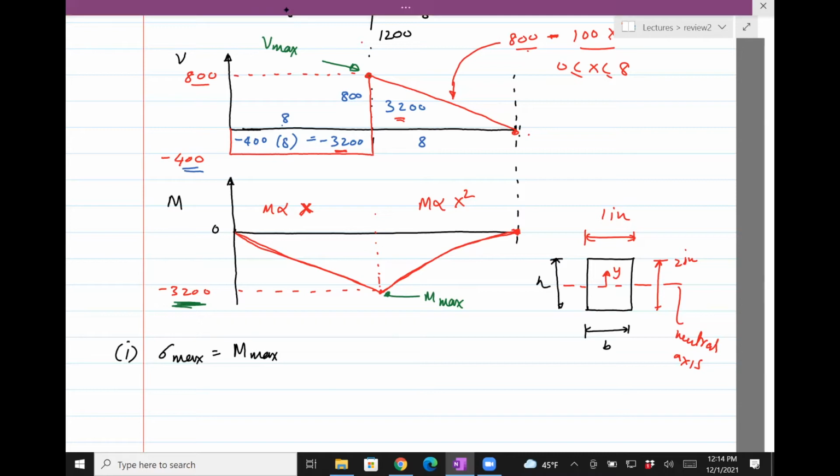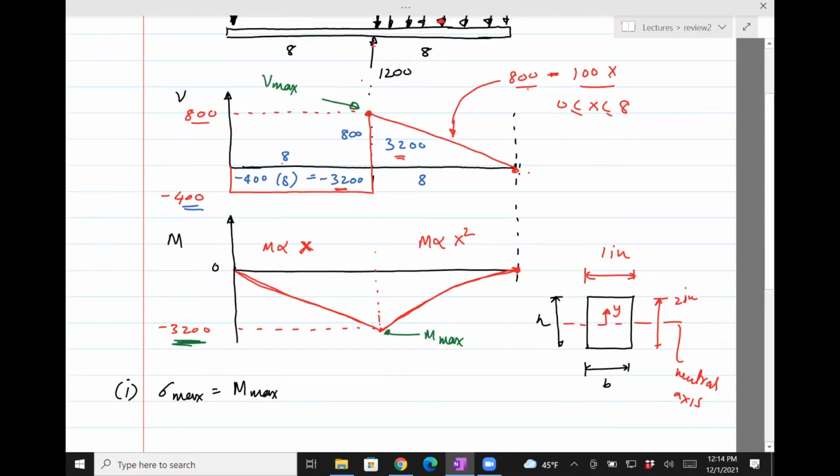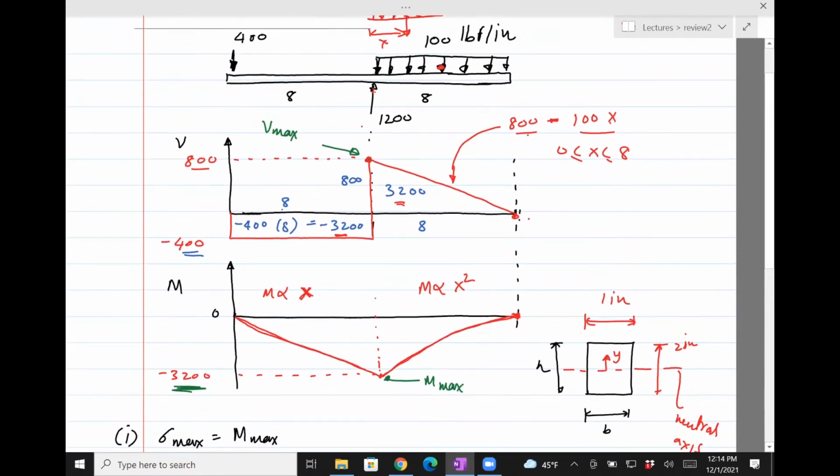So the max is going to be, yeah, so it says that's negative, which means that the negative here means that the moment is going to be in this direction. If the moment is in that direction, then you can see that the top layer is in tension and the bottom layer is in compression.